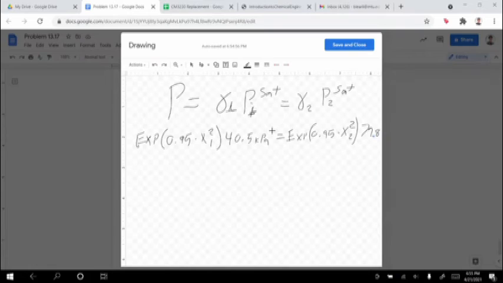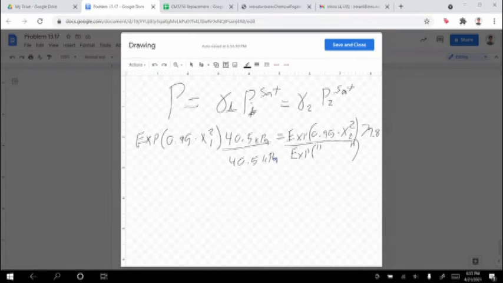So what I see here is that we have two saturation pressures, so we're going to want to isolate those to one side, and then we have these expressions here that we want to isolate to the other side. So I'm going to divide this side by the exponential over here, and I'm going to divide this side by 40.5 kilopascals, and we do that on both sides.